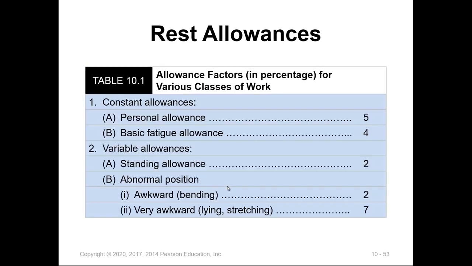The table in this slide shows constant and variable allowances. For example, the personal allowance is 5%, the basic fatigue allowance is 4%. There are variable allowances such as standing allowance is 2%, abnormal position, awkward bending is 2%, very awkward lying or stretching is 7%, and so on.